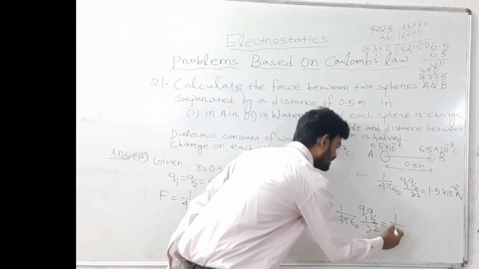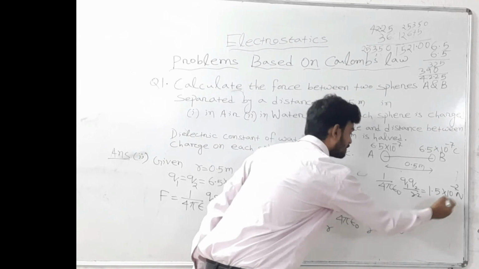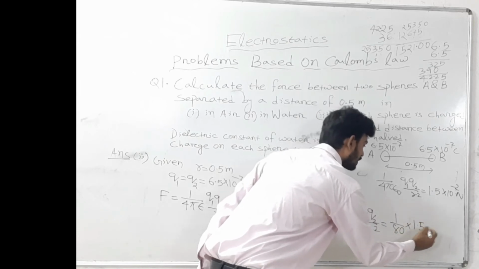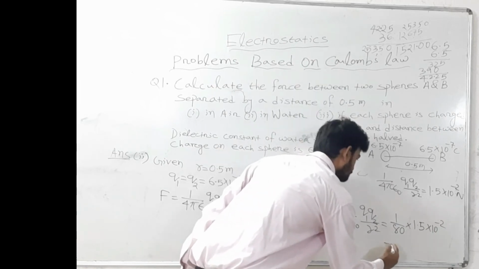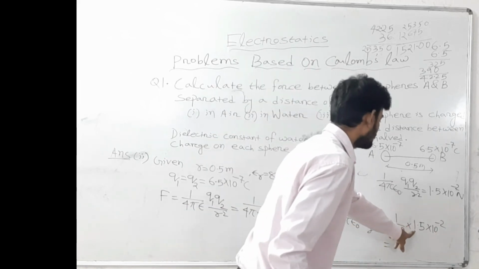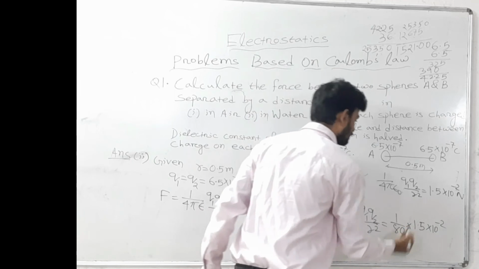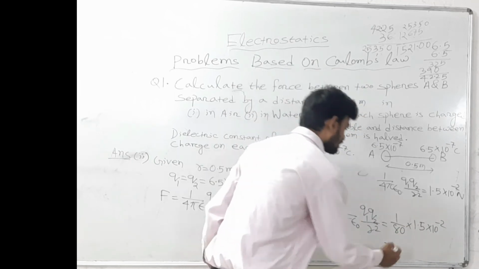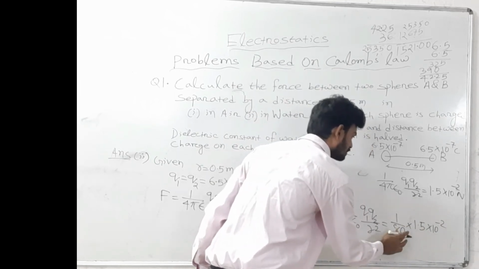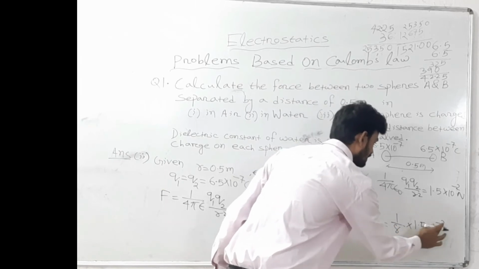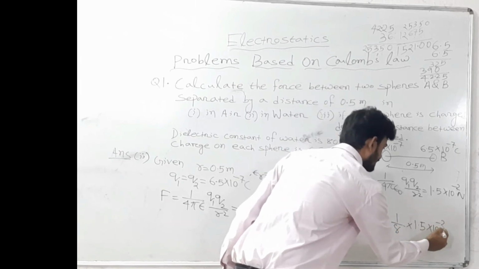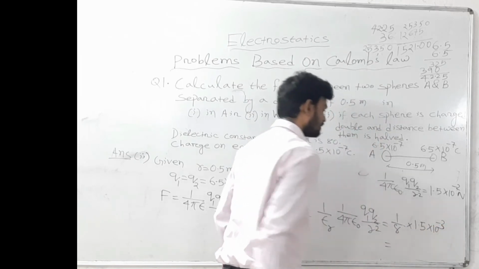So 1 by 80 into 1.5 into 10 to the power minus 2 Newton. When we divide 1.5 by 80, we can write 8 and then 10 to the power minus 3.